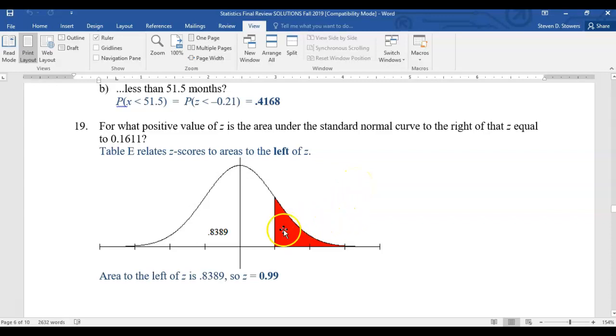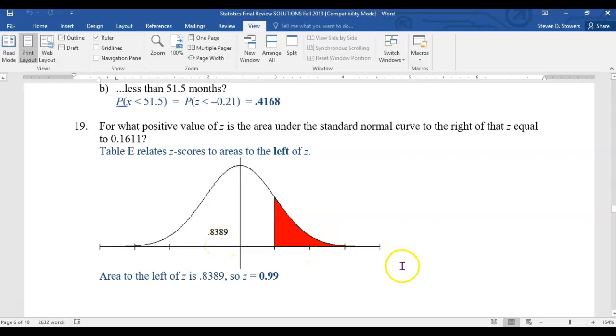So to figure that out, first I have to subtract 1 minus 0.1611 to find how much area is over here to the left of z, because that's what's on table E. Table E is about the area to the left of z. So 1 minus 0.1611 is 0.8389.